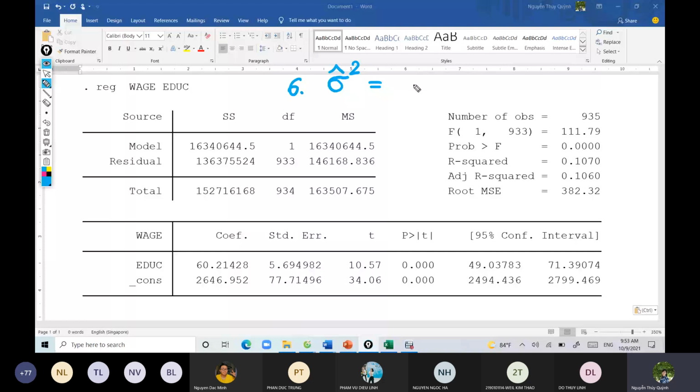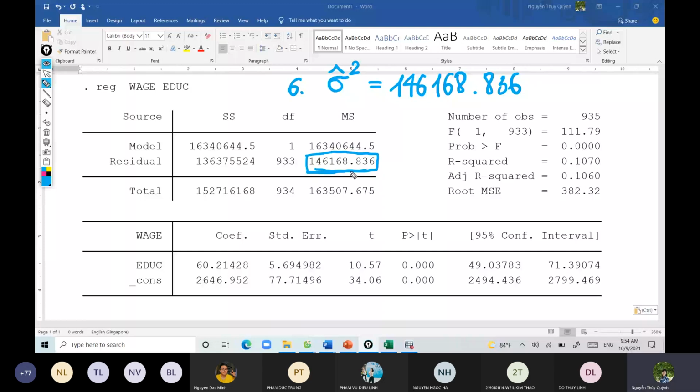This one, 146,168. Yeah, this one, right? This is the estimated value of the variance of the disturbance UI. It is the variance of the residuals UI hat, right? And it is equal to 146,168.836.